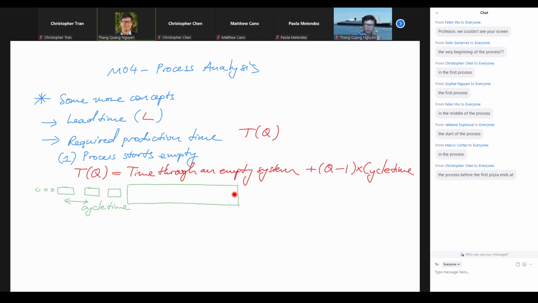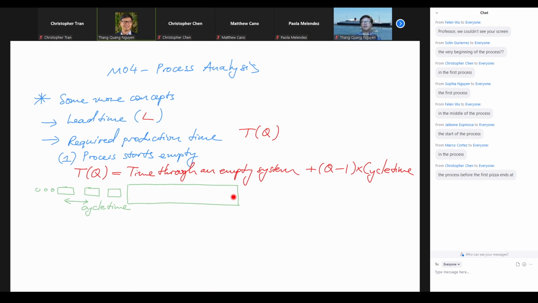I hope now everybody sees that. When the first pizza reaches the end of the process, just imagine the second pizza is right behind it, because it is a line of pizzas going in, gradually going through the process.